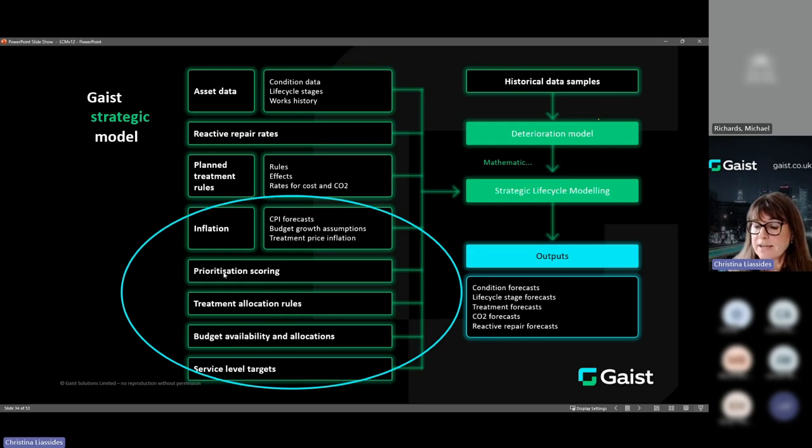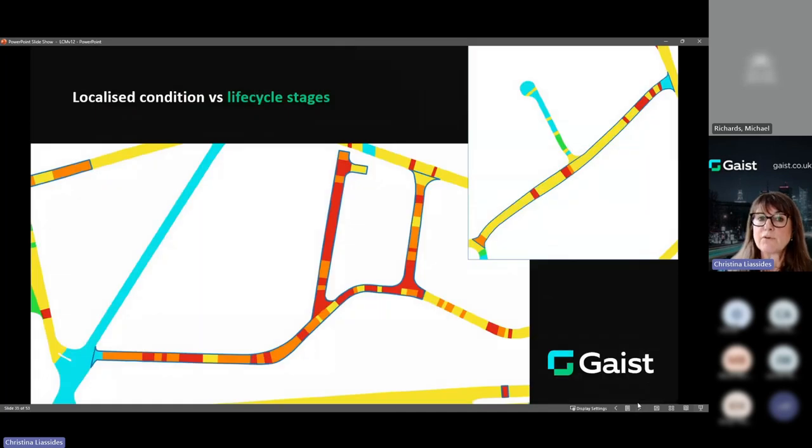How you might prioritise, how you mend things, how you allocate your treatments, for example, and what performance targets you might be expected to perform to. So these are all things that we also need to put in. They're perhaps, again, less certain than some of the asset data, inflation, for example. So I'm going to talk about what we do with those aspects of the inputs. And don't forget, these are still all inputs at the moment. These are telling the model what they need to bring together in order to forecast into the future.